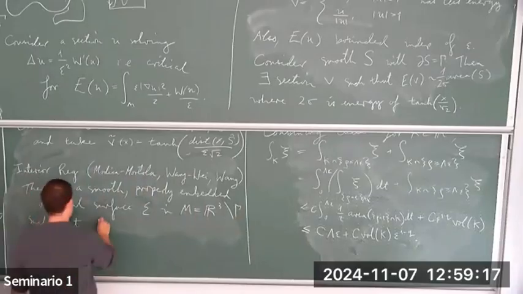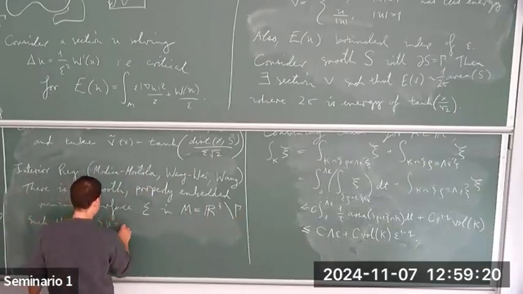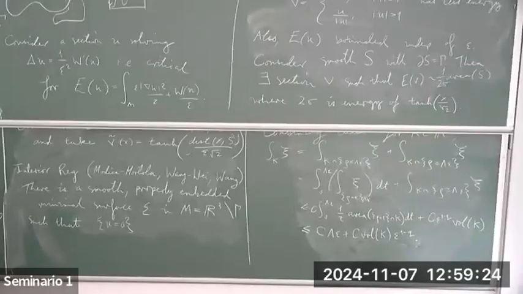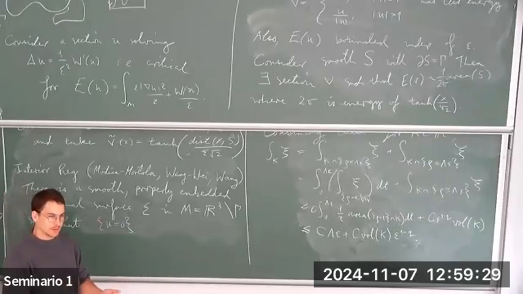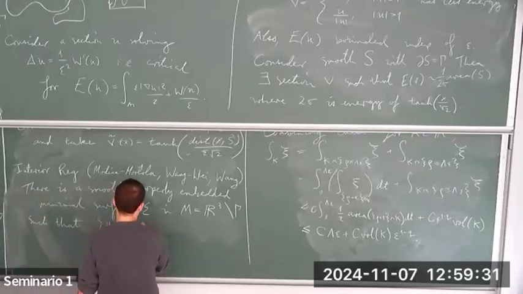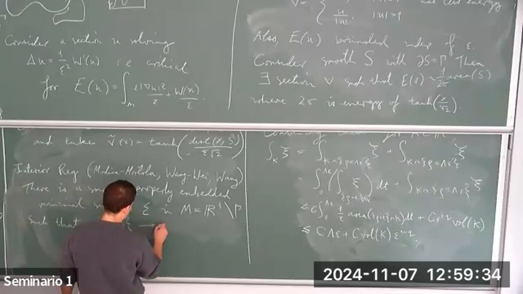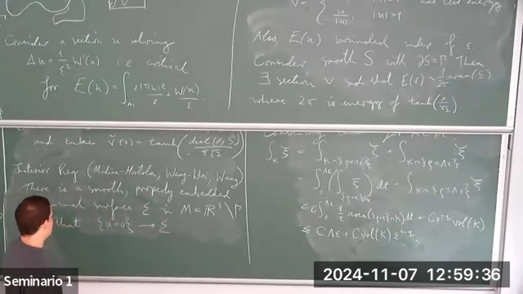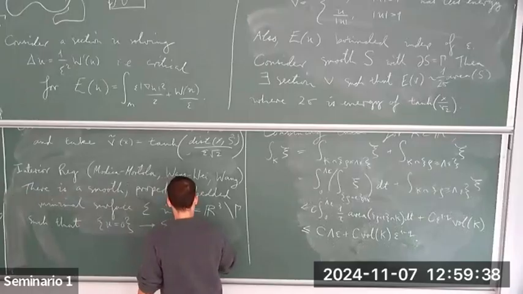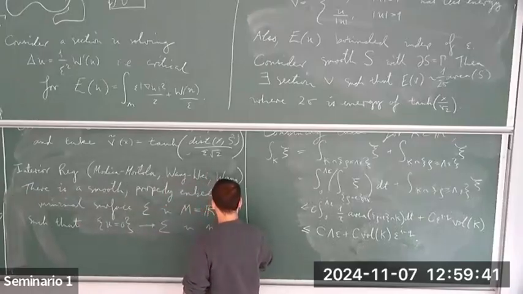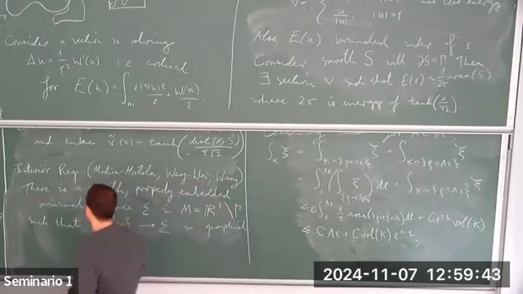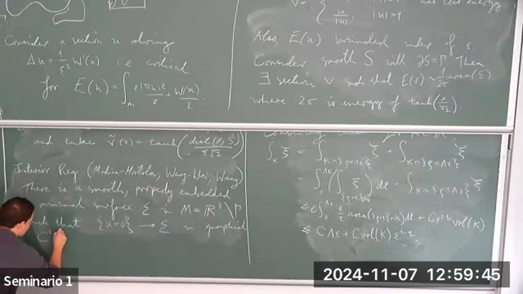And what we can say is that the zero sets of our sections are converging to sigma locally in the graphical C^{2,alpha} sense. So these converge to sigma.